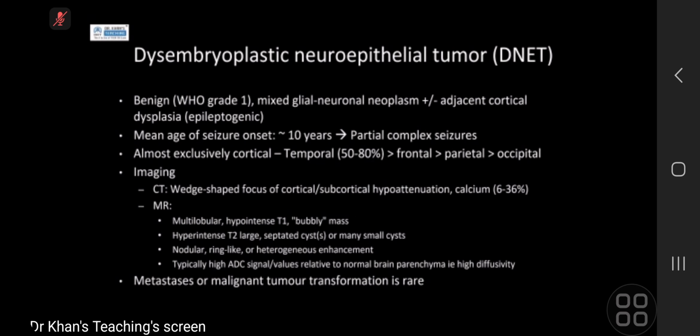So this is a DNET. My differential would be a ganglioglioma. I really don't know what the second differential that you gave was. What is it again? Can you just read it slowly? Pleomorphic xanthoastrocytoma. Okay.